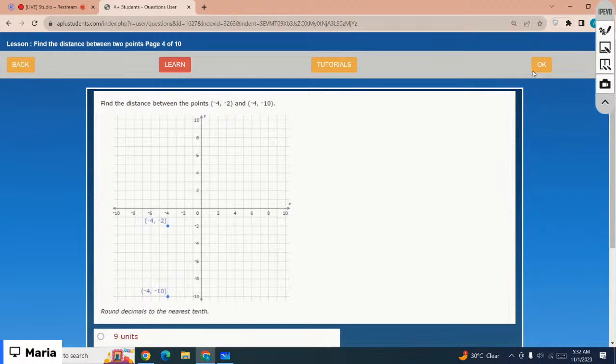Find the distance between (-4, -2) and (-4, -10). So which is the correct option? That is 8 units, right? The correct option is 8 units.